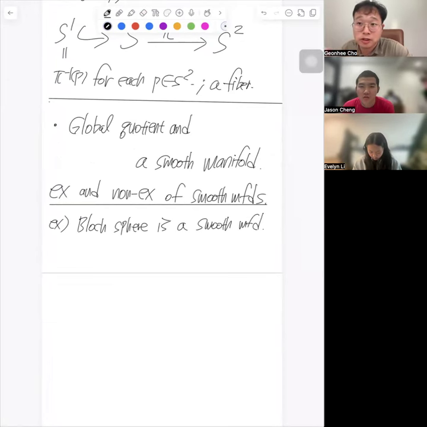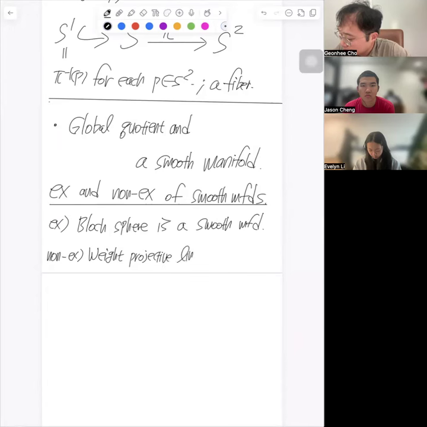We should talk about the definition first, but let me first provide the example and non-example. So the non-example: the weighted projective line is not a smooth manifold, because of singularities.